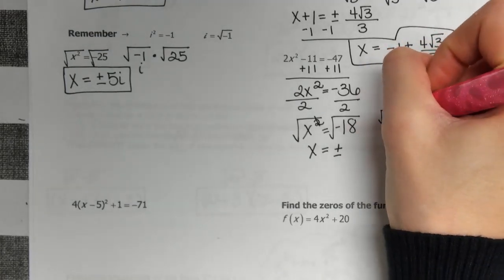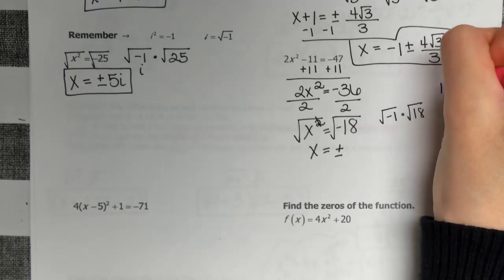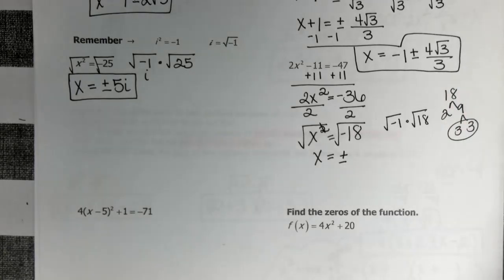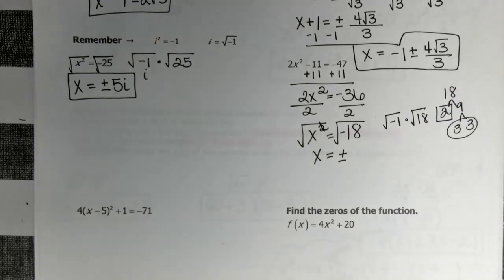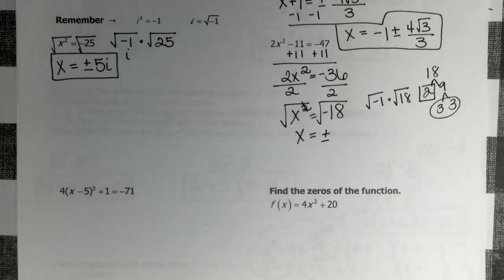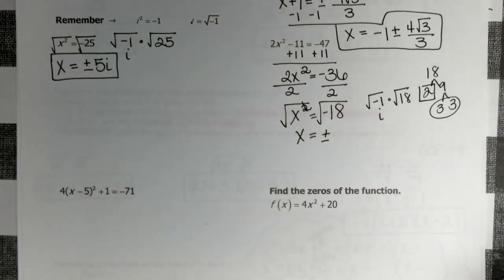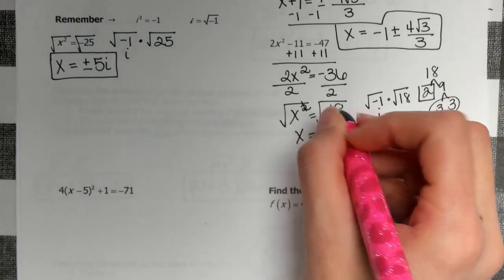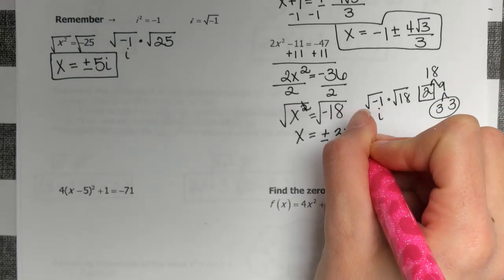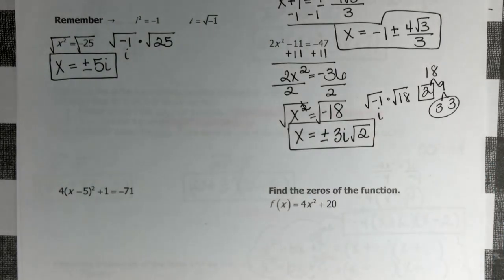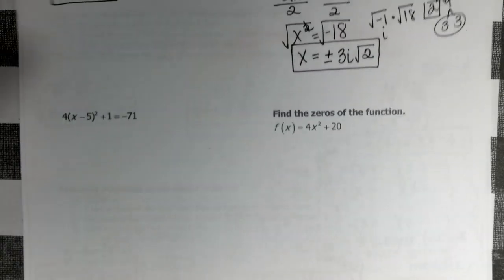This is the square root of negative 1 times the square root of 18. 18 I know can simplify. 2 and 9, 3 and 3. I know the square root of negative 1 is an i. So I'm going to pull out the 3, followed by the i, square root of 2. Okay.